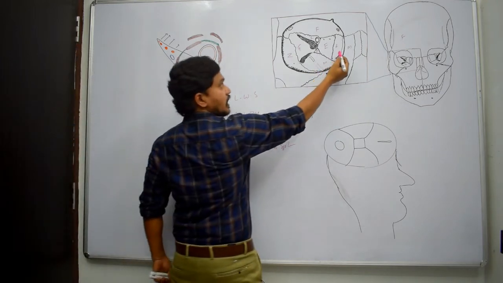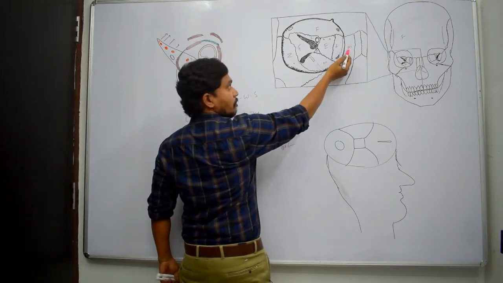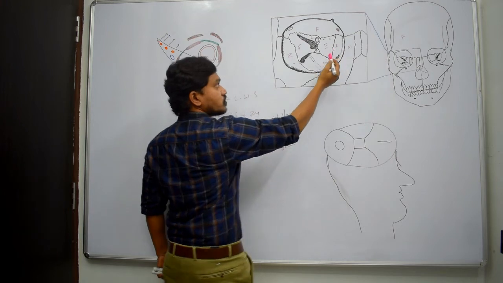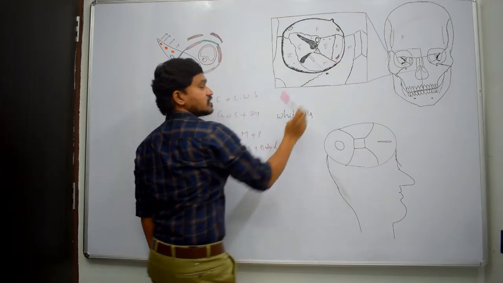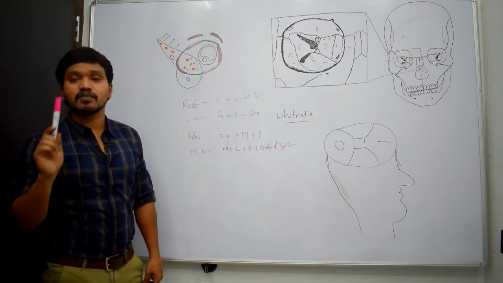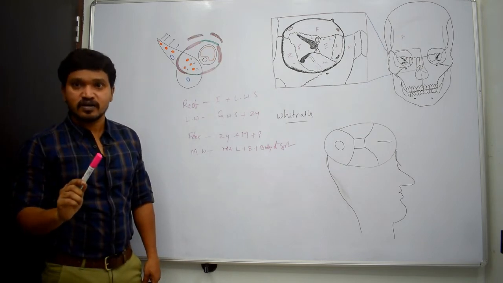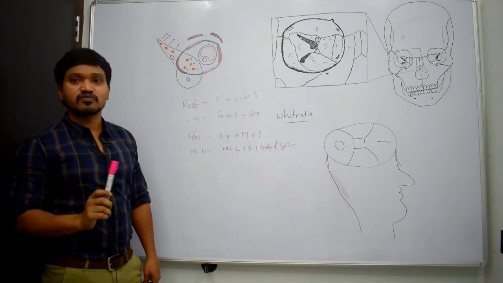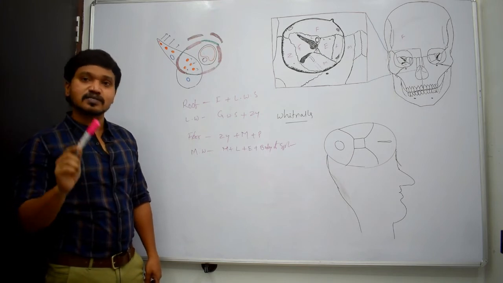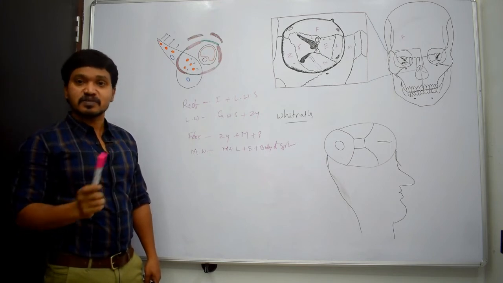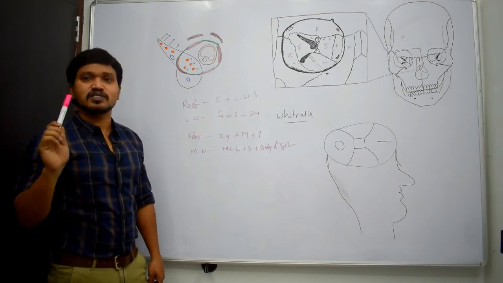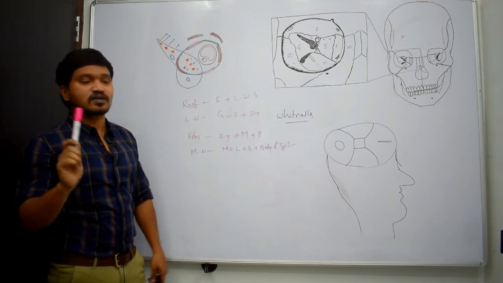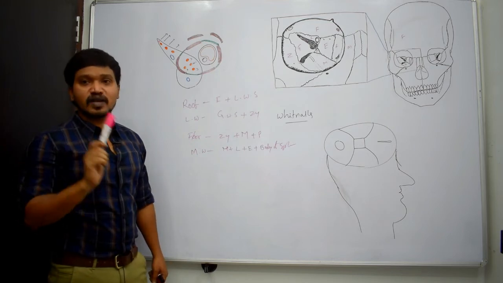See, at the junction of maxilla and lacrimal bone, you can see one fossa here. This fossa we are calling lacrimal fossa. This lacrimal fossa is formed by lacrimal crest of frontal process of maxilla, otherwise simply lacrimal crest of maxilla, and crest of lacrimal bone.